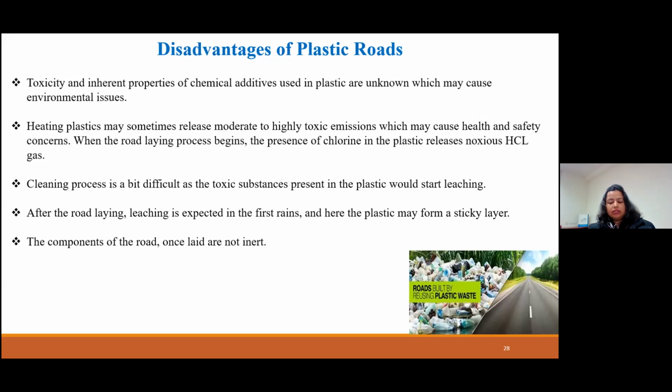So what MORTH has done in this regard, they have recently in 2019 revised the IRC code, and the new code is going to be available to us very soon. So they have listed down several specific plastic types in which these additives are found, and they have banned the use of those plastic types in these pavements. So this is the way we are evolving day by day in the research part of plastic roads.